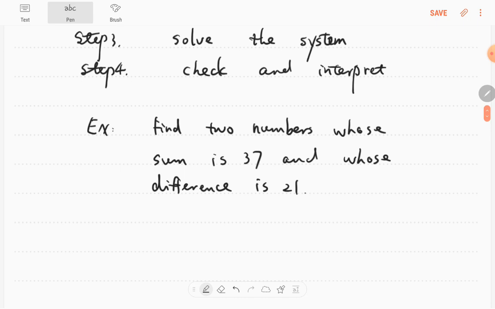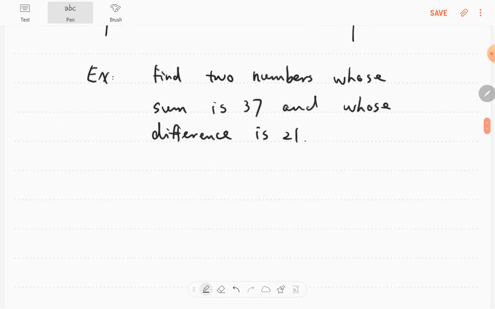So this is the question. The first step, we should read the question, maybe several times if necessary. And we realize this question is focused on two numbers. We do not know the value of these two numbers, right? That's our unknowns.